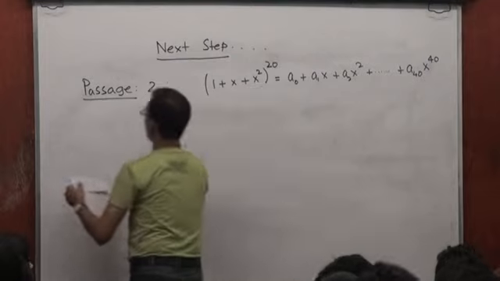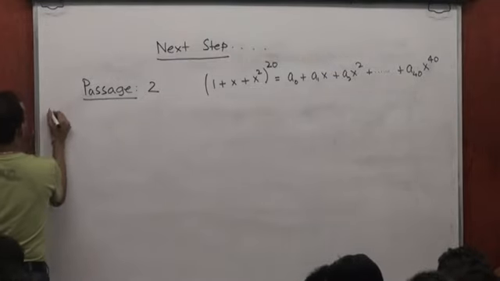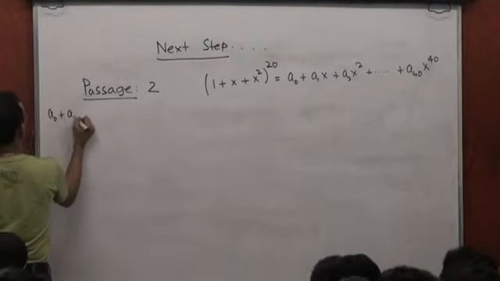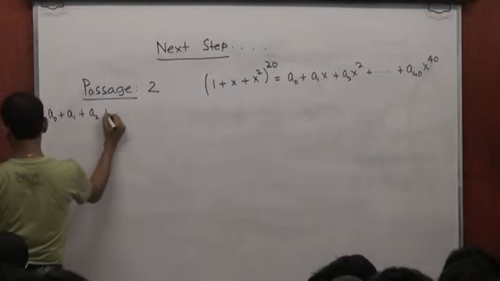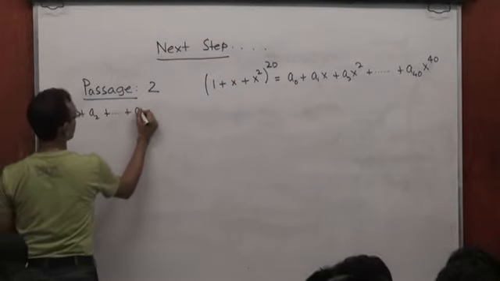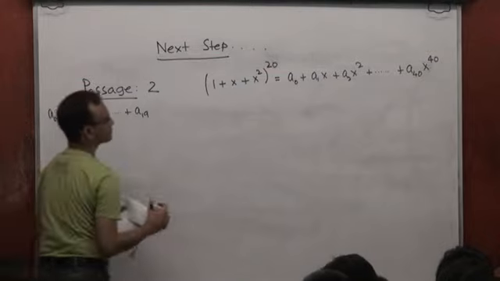We want to be able to find the value of a19.